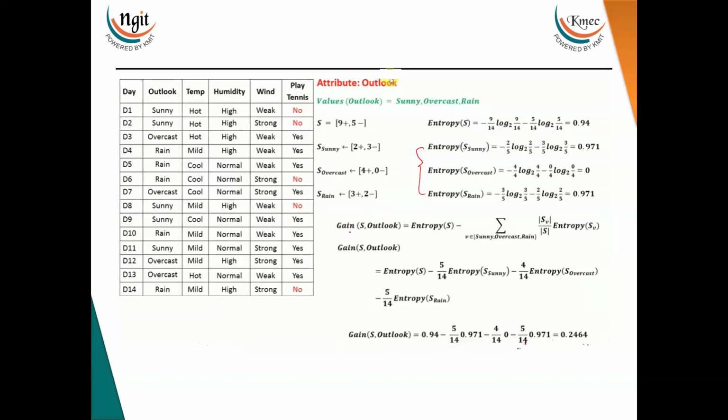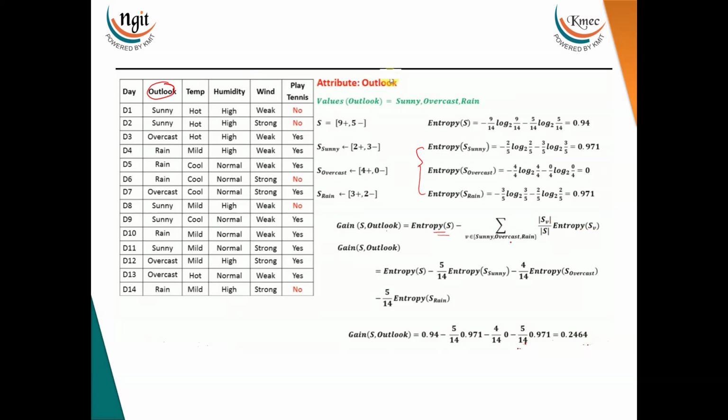The information gain of the first attribute, outlook. Information gain of S, the whole data set, for outlook is equal to the entropy of the whole data set S, minus the summation over sunny, overcast, rain of |S_v| divided by |S| times entropy of S_v.